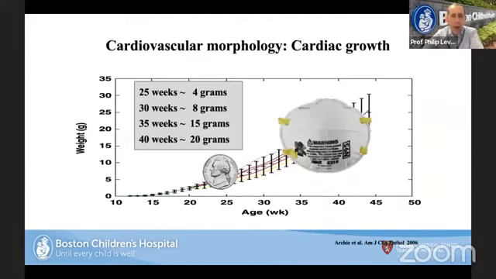So this is a nice graph that shows you the weight of our preterm hearts at 25 weeks is 4 grams, which is the weight of about 1 US coin, all the way up to 20 grams at 40 weeks, which is the weight of a protective N95. And you can see that when we are dealing with a 25-weeker, we're dealing with such a small heart with small features.